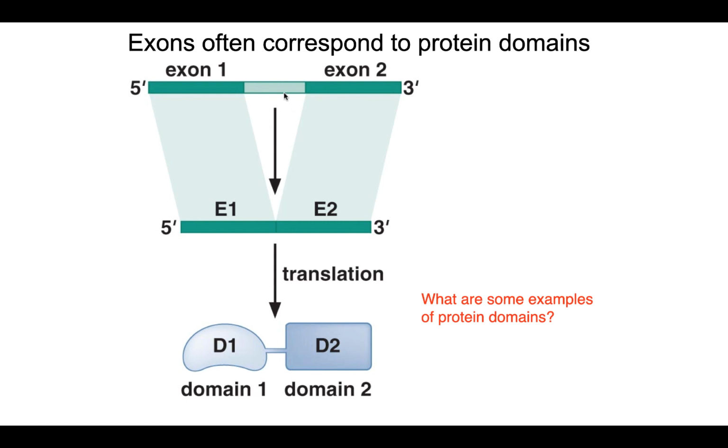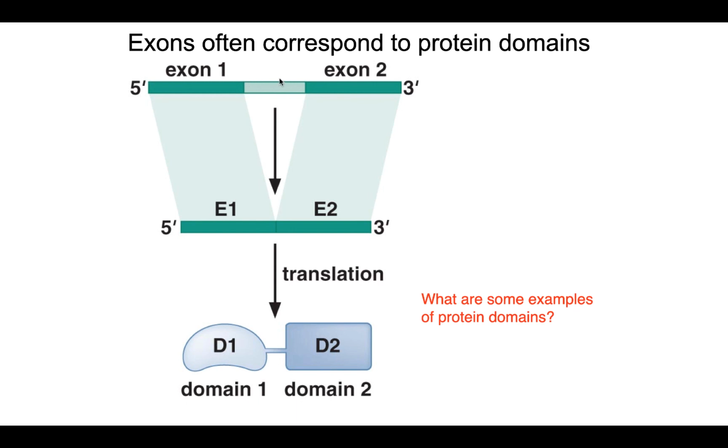Now, the introns that separate them mean that if a mutation occurs in which there's crossing over between two genes, as long as that crossing over occurs between introns, then it's easy to conceive of where, even though we've got this random mutation, it ends up generating a new functional protein.